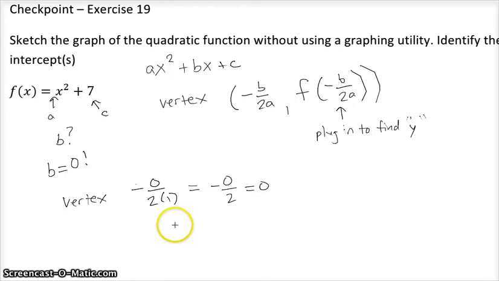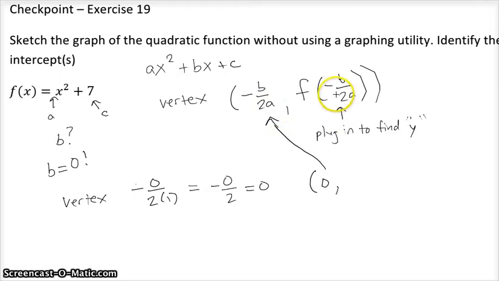Now, in terms of how to find the y-coordinate, we now know the x-coordinate. So the vertex has the x-coordinate of 0. Now I've got to find the y-coordinate by plugging it in.